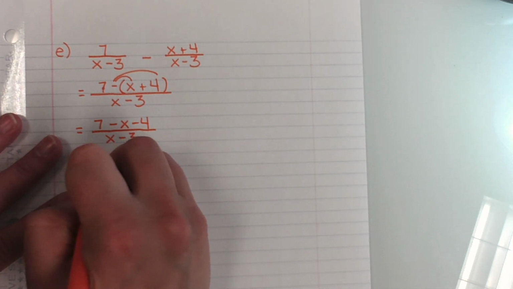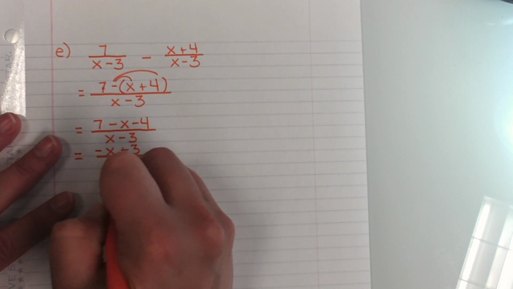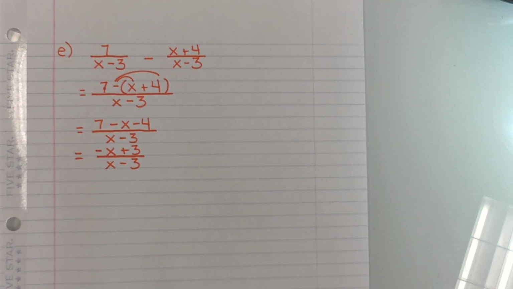Combine my like terms, I get a negative x and a positive 3 over an x minus 3. Can I simplify that? Heard someone say yes. What do you notice about those 2 terms?